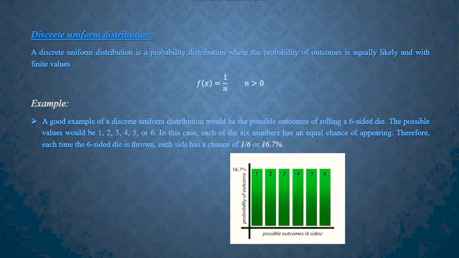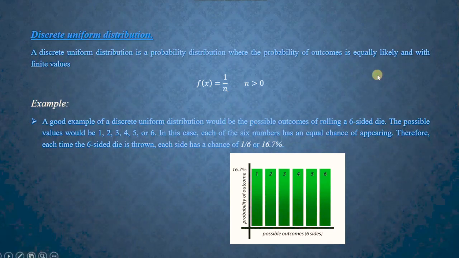Therefore, each time the six-sided die is thrown, each side has a chance of 1 upon 6 or 16.7% probability. This 1 upon 6 or 16.7% probability comes from the formula of the probability mass function.